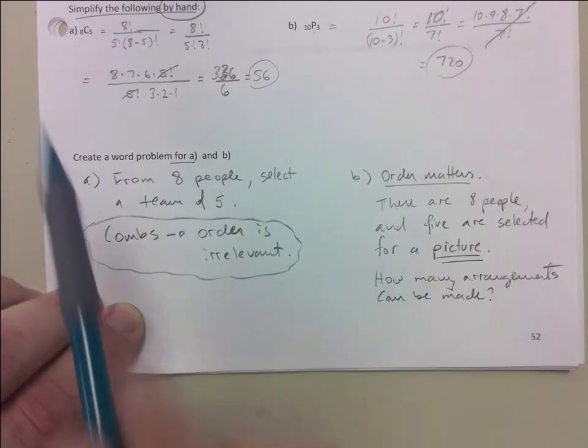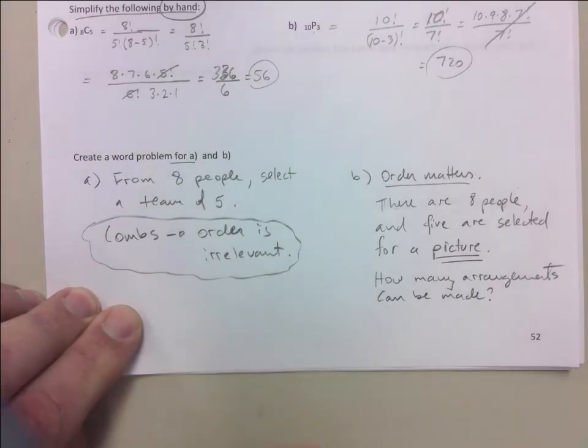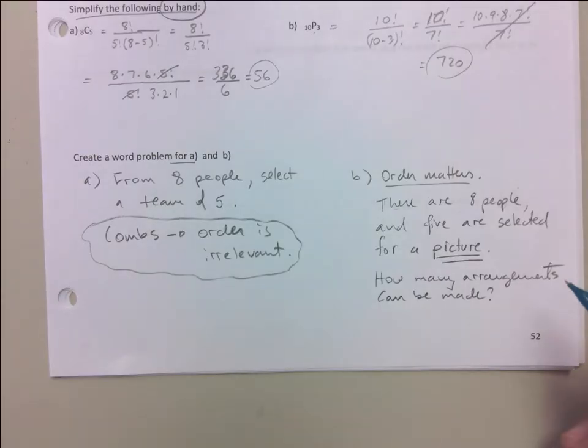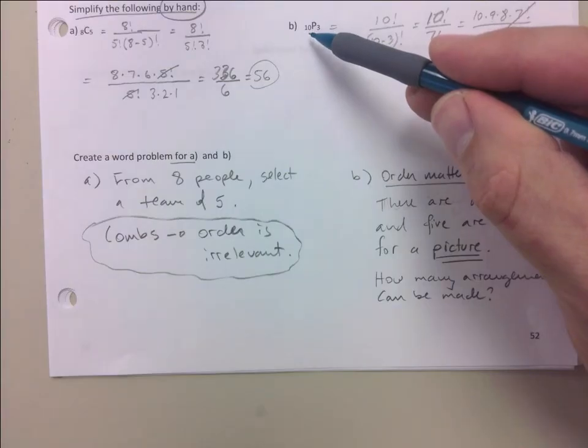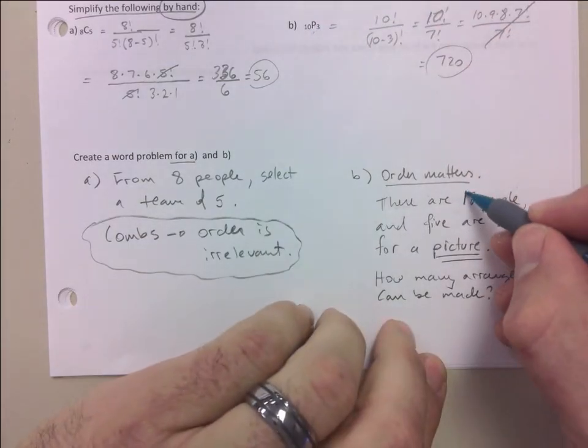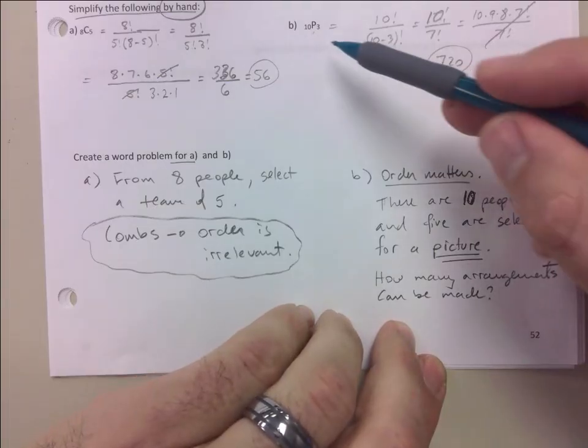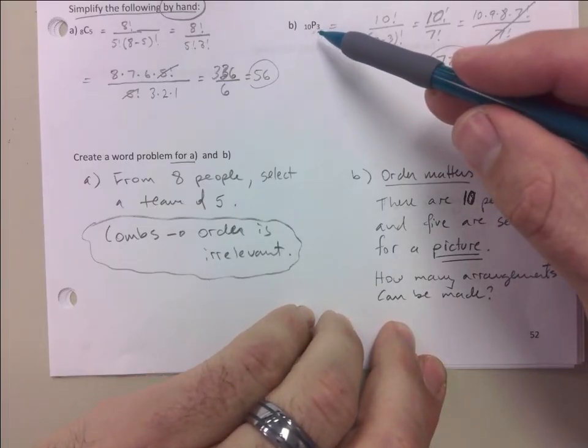But the emphasis, you have to take care of the 8. How many people do we have on B available? 10, right? Can you change that to a 10? And how many are we arranging at a time? 3.